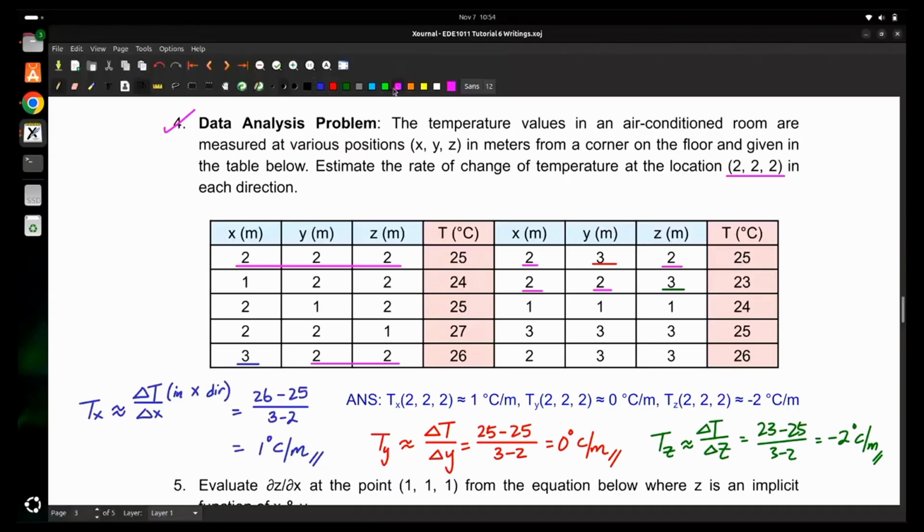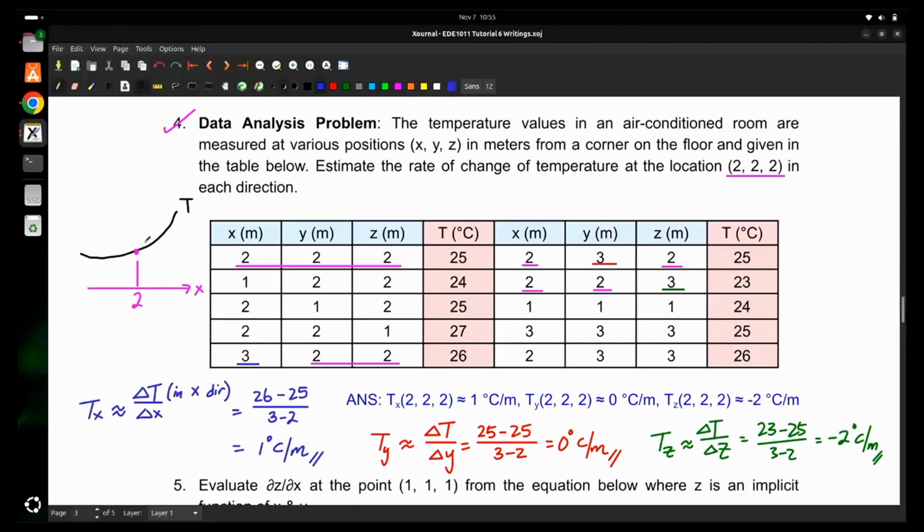Yeah, so let me illustrate. This thing I'll just show you, but I won't upload because I am worried that it will confuse some of you. So let's say this is your temperature function in the x direction. So this is the point where x equals 2. Now what we have shown here is that I've taken the forward difference.